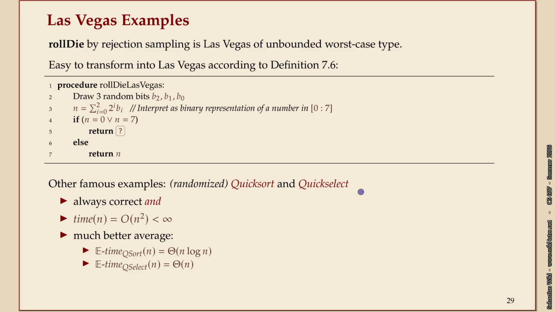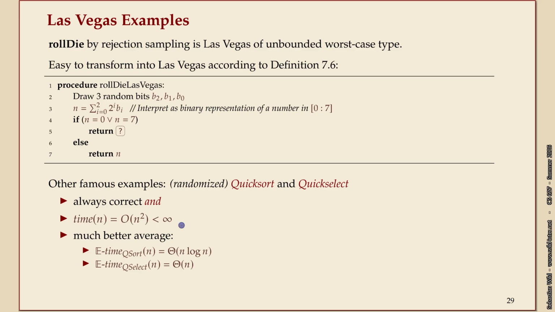Las Vegas algorithms obviously have the benefit that they don't make mistakes, even if the running time is not always predetermined. So especially the always decisive version is useful if you want to use it as a drop-in replacement for some deterministic function. And well-known examples exist where, again, the output is always the same, right? Quicksort never not sorts. It's just that the time it takes is random and can be larger or smaller.